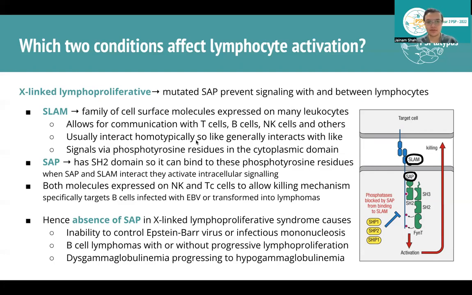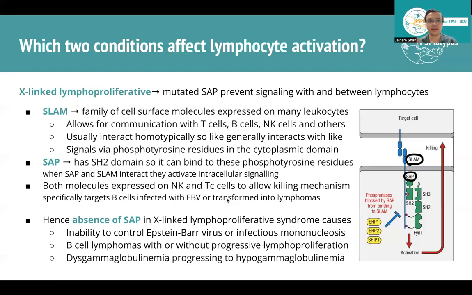Now, both of these need to be expressed on the NK cell and the T cell to allow for this killing mechanism to go ahead. And the key thing to remember here is that it specifically targets B cells that are infected with EBV, so Epstein-Barr virus, and have then transformed into lymphomas.